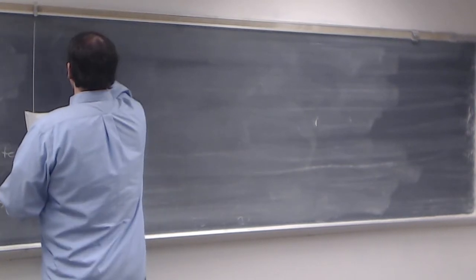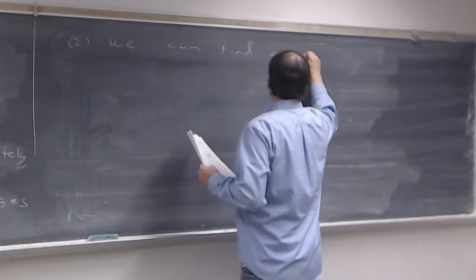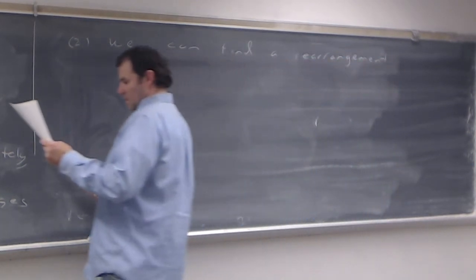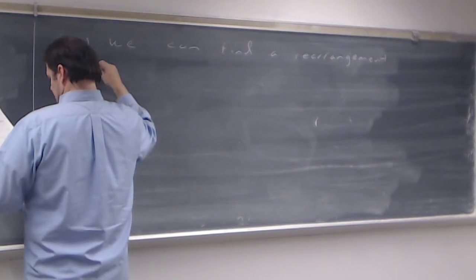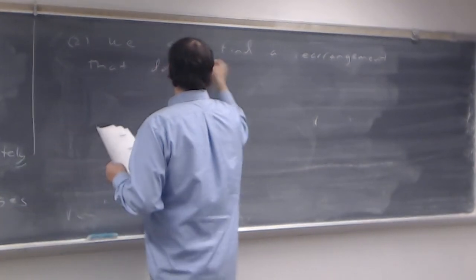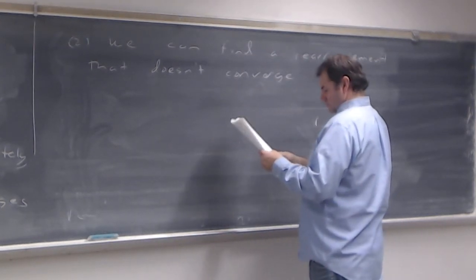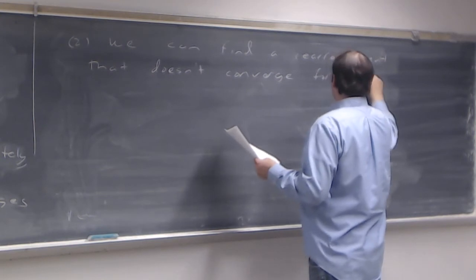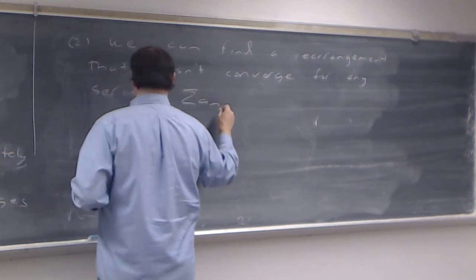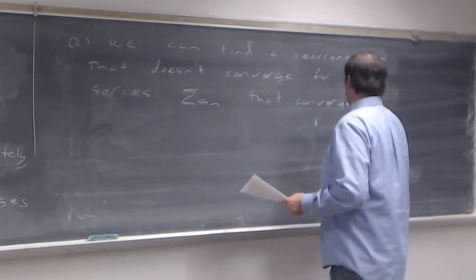And then, two, we can find a rearrangement that doesn't converge, for any series a sub n that converges non-absolutely.